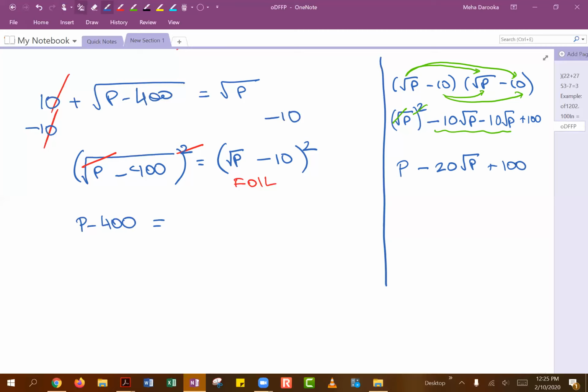If you left the 10 on this side, this middle term would have become negative 40 square root of p instead. So that's how it would have gone if you moved the 10 with the smaller left square root term rather than the larger one. So your right-hand side is now p minus 20 square root of p plus 100.